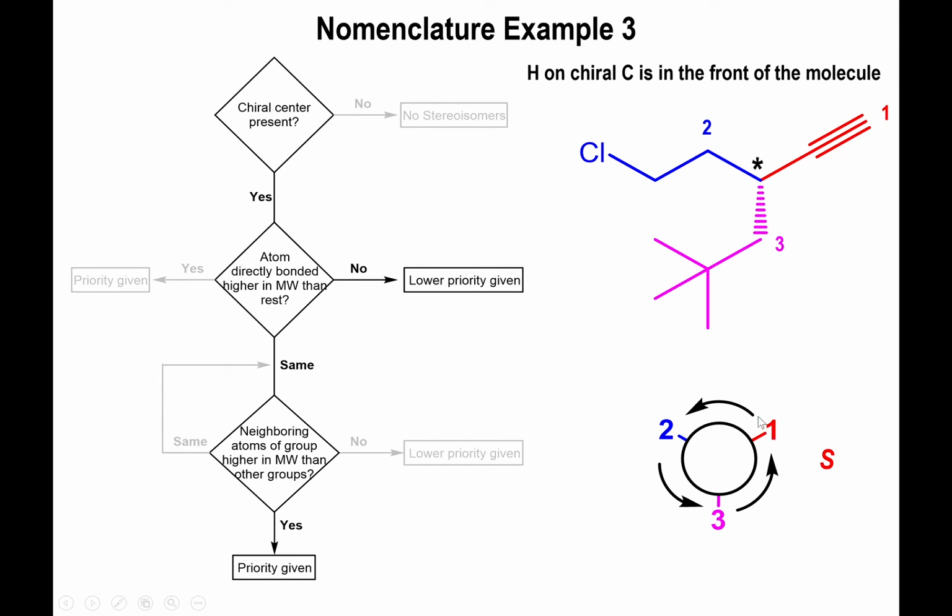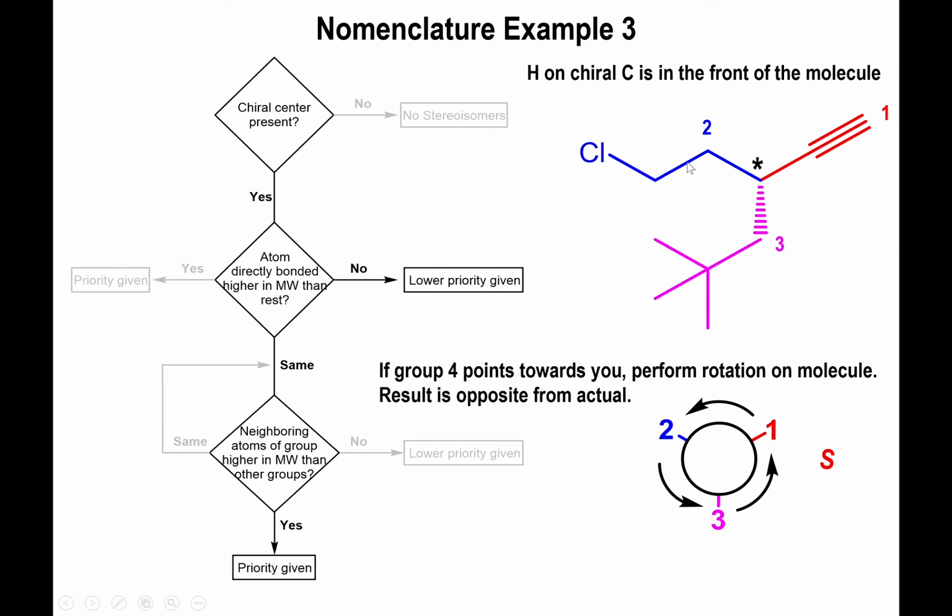If you look at this, the rotation right now looks to be going counterclockwise. It looks like an S configuration. But technically speaking, you have to do the opposite, right? The reason is that the lowest priority group is pointing at you. So what you see in terms of rotation is actually the opposite of what's happening, because technically this needs to be rotated 180 degrees.